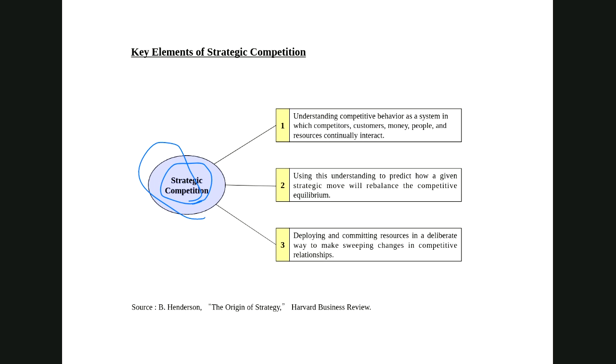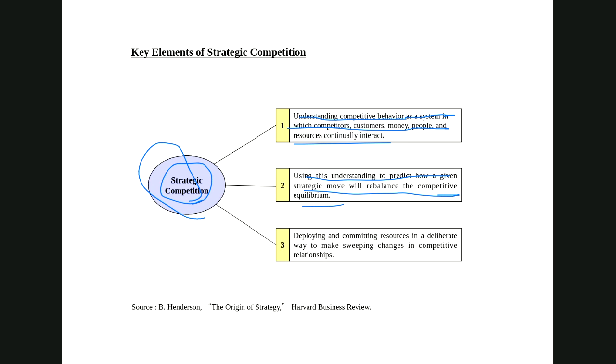And understand the competitive behavior as a system in which competitors, customers, money, people, and resources continually interact. Absolutely, there is a big interaction between me and our competitors. And using this understanding to predict how a given strategy move will rebalance the competitive equilibrium.